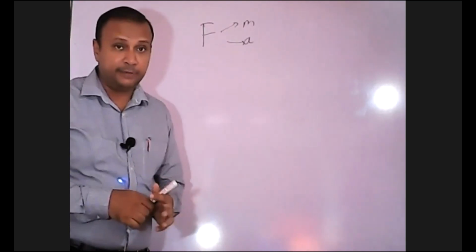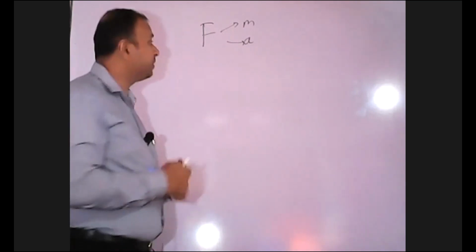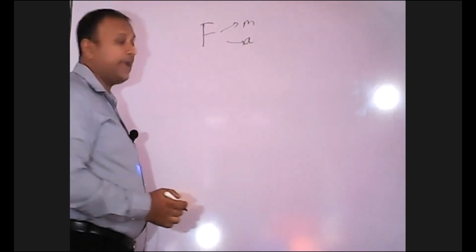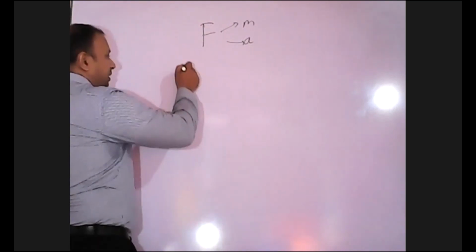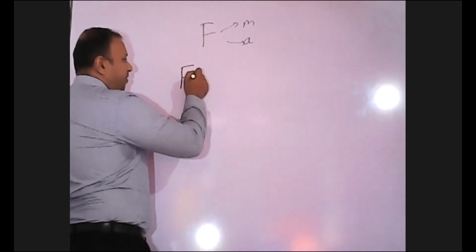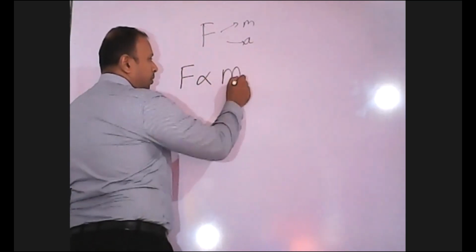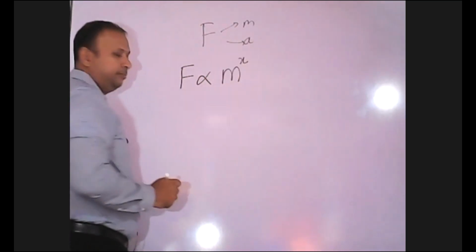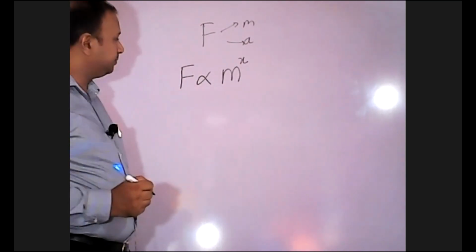According to the given data, F depends on A and M. So my first assumption is F directly proportional to some power of M. That is my first assumption.